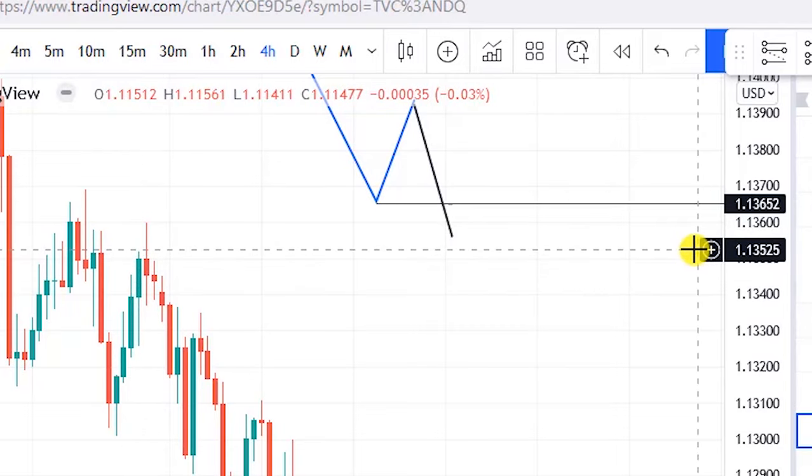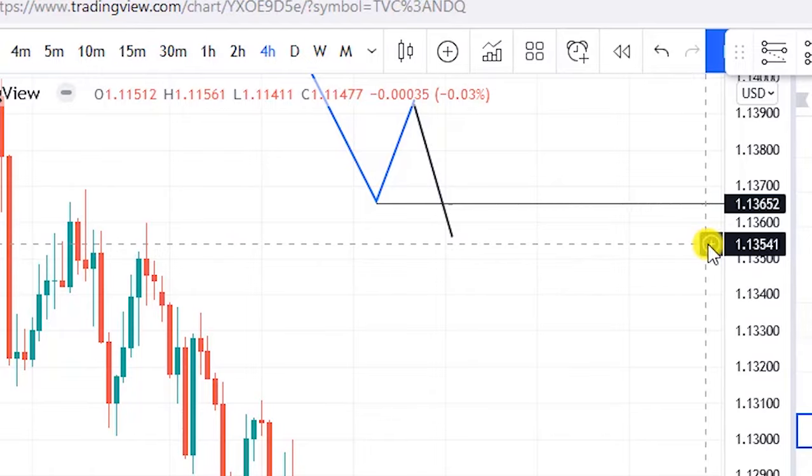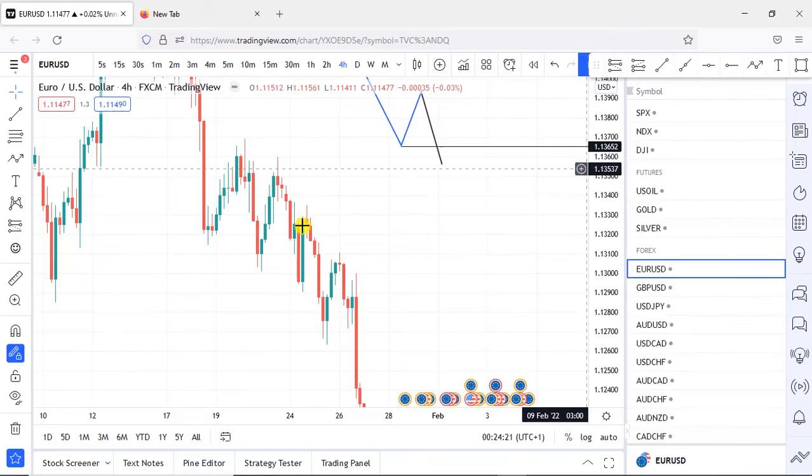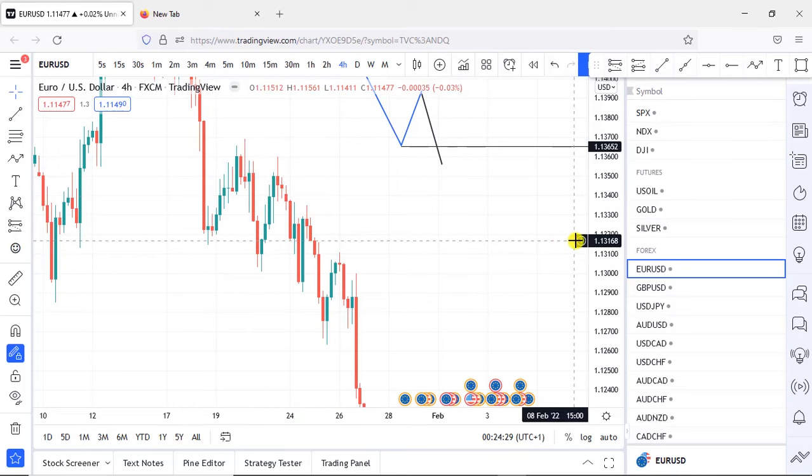They will sell at a high price, so they will make more money. Look at the amount here, 1.13537. They have to wait for price to come back to this area, which means they can sell at higher prices. Because if they had sold here, they'd be selling at what?